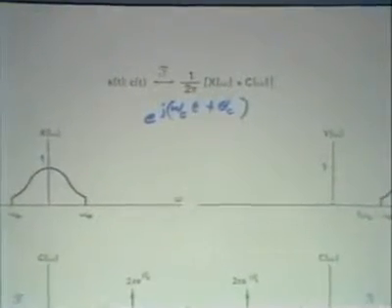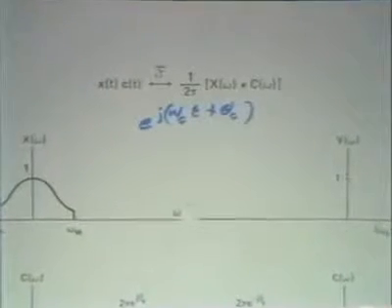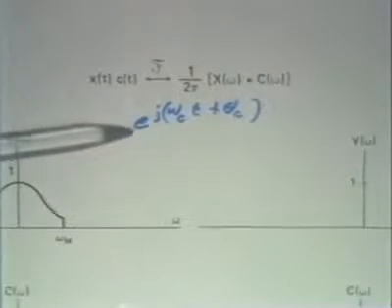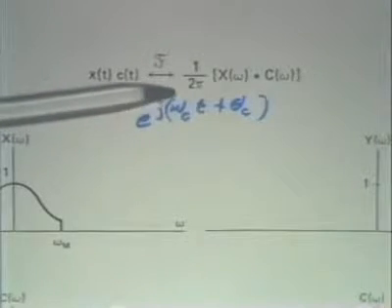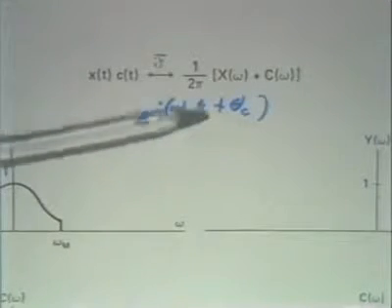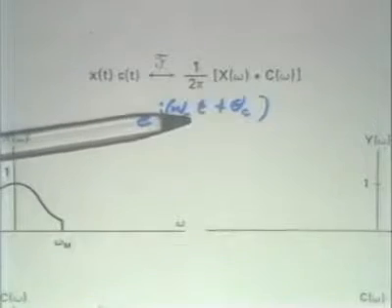That's the form of our carrier signal. And what we can first analyze is what the resulting signal or spectrum is at the output of the modulator.